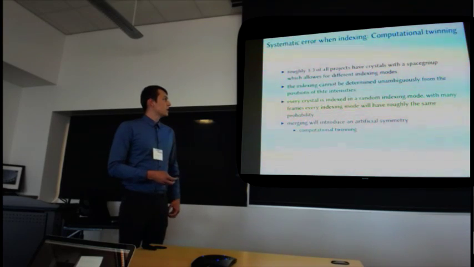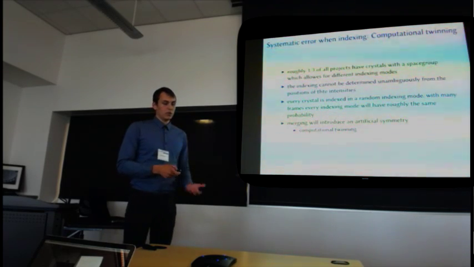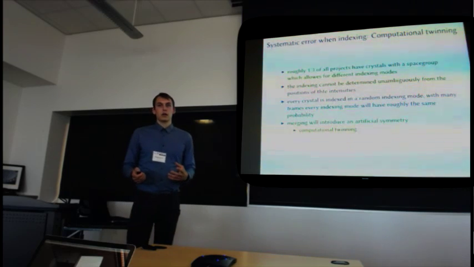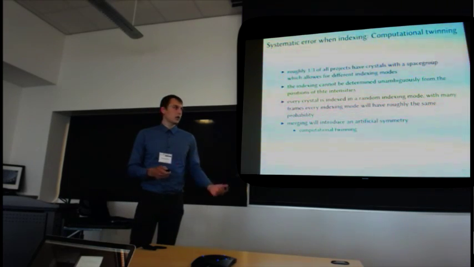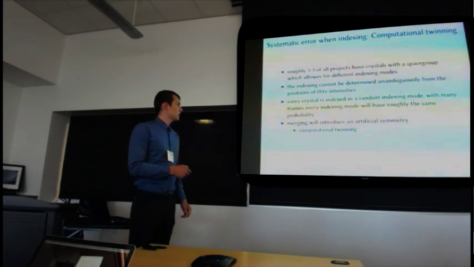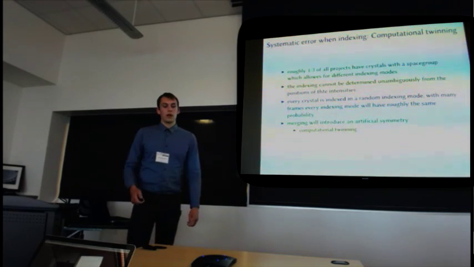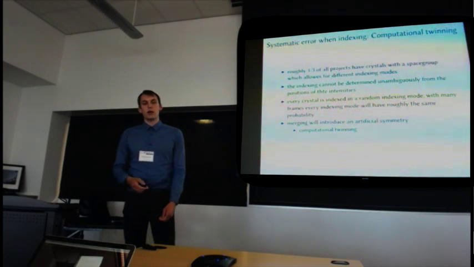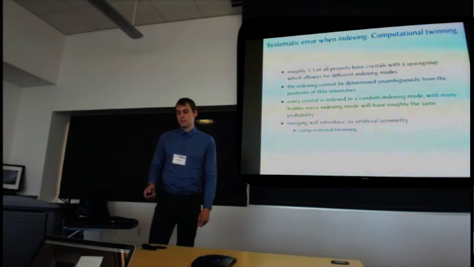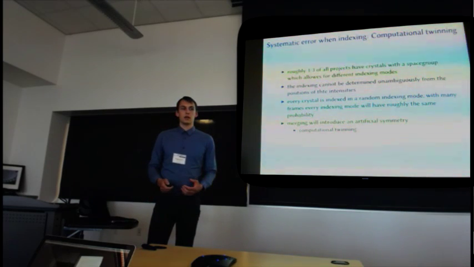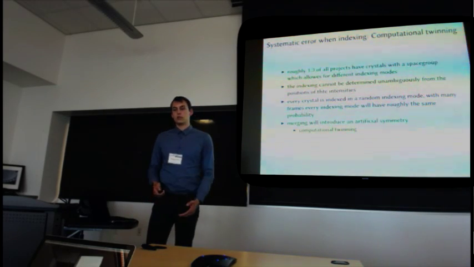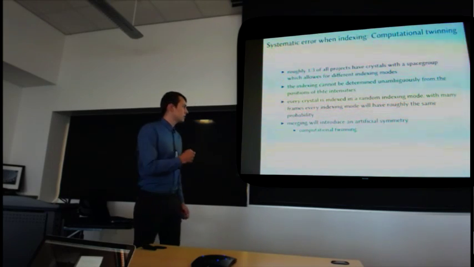And therefore, if we just merge everything together and do a Monte Carlo integration, we will have computationally twinned data, and this data will behave exactly like real twinned data and is harder to solve. So we don't want this.